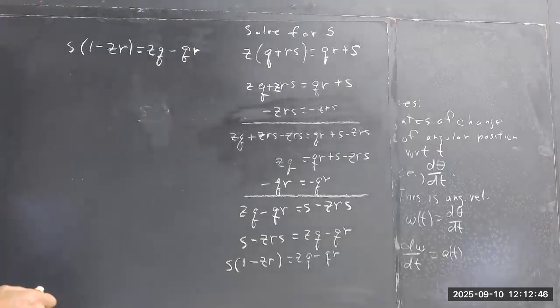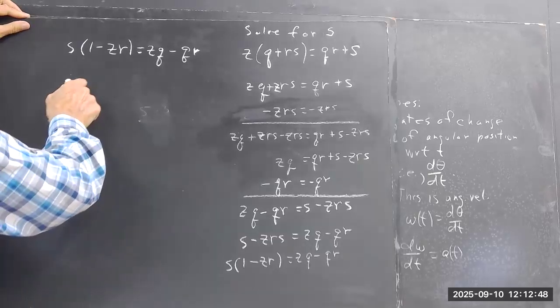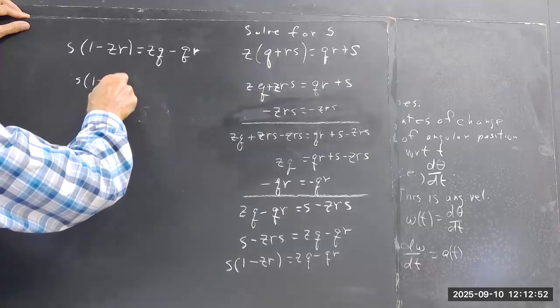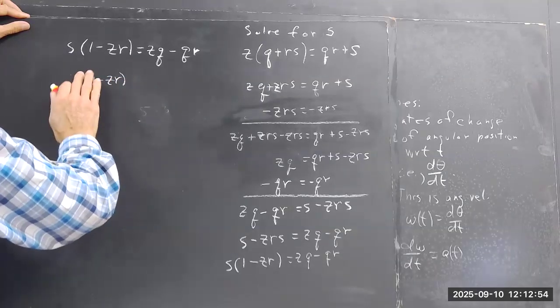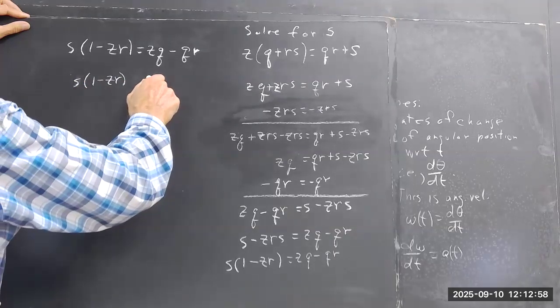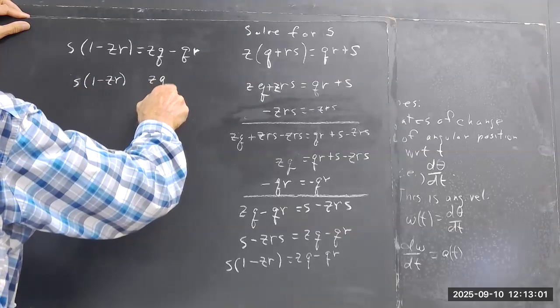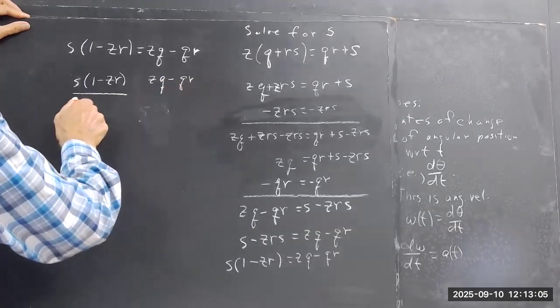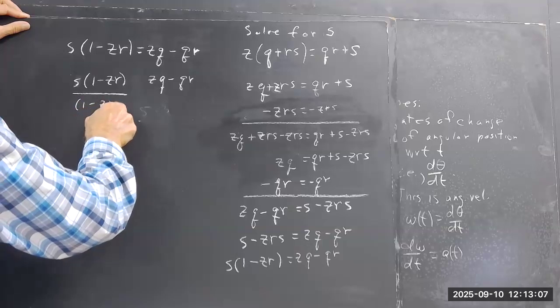What I would do is I would take S times 1 minus ZR equals ZQ minus QR and divide both sides by 1 minus ZR.